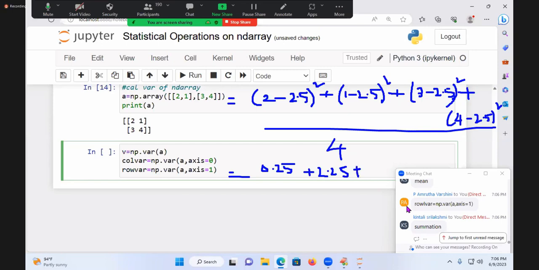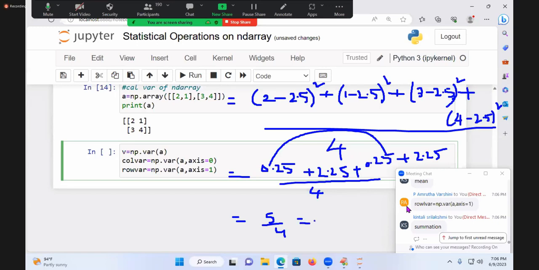Plus next is what? 3 minus 2.5, 0.5. That is called 0.25. Plus 4 minus 2.5, 1.5, whole square 2.25, by 4. 2.25 plus 2.25 is 4.50. 0.25 plus 0.25 is 0.50. 4.50 plus 0.50 is 5.00 by 4.